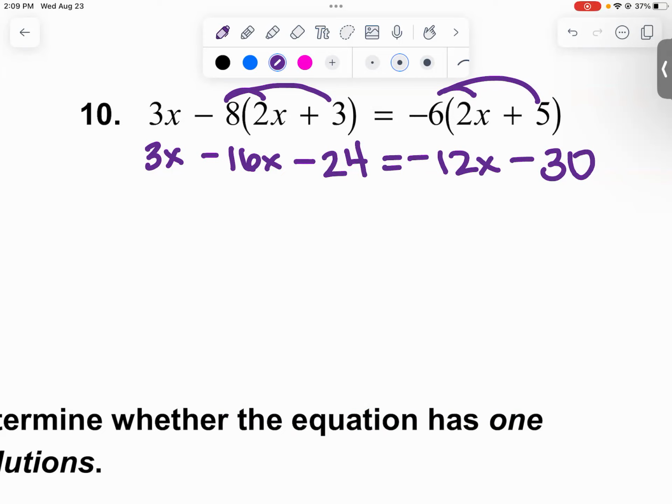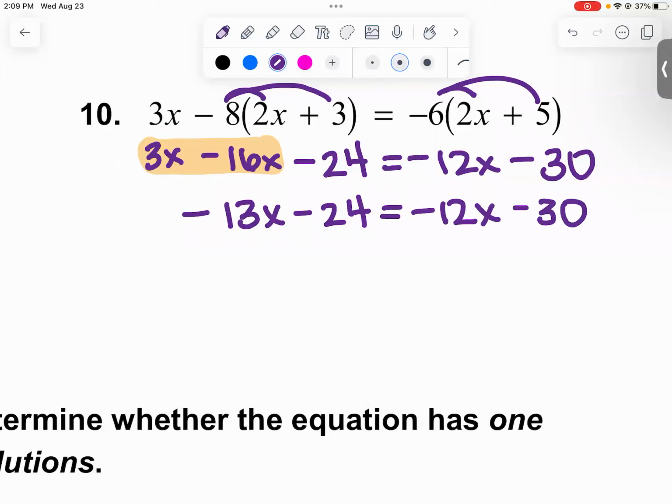Okay, we're having some arguments. Let's get something settled. So the first step you need to do is combine like terms over here on the left. So this should get you negative 13x minus 24 equals negative 12x minus 30.